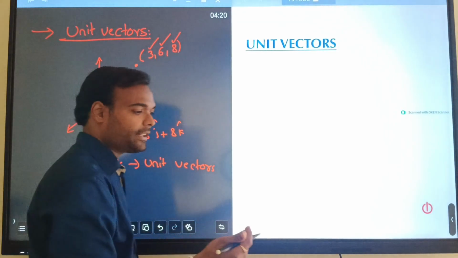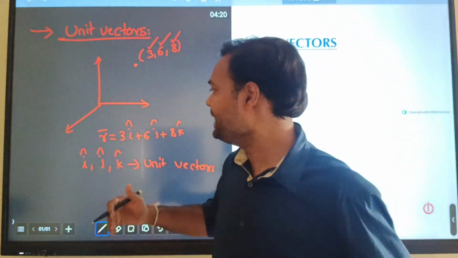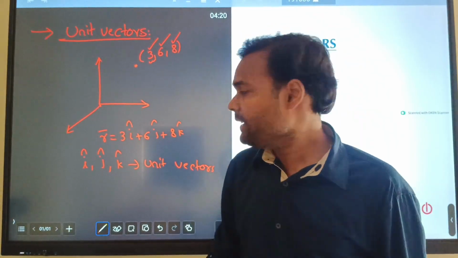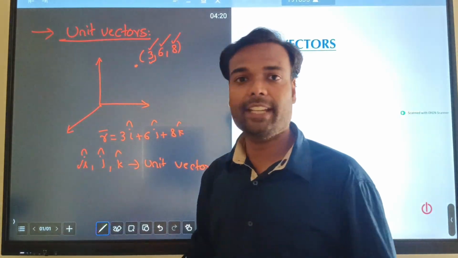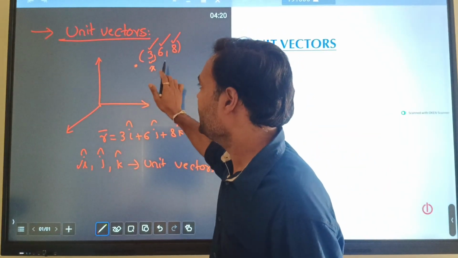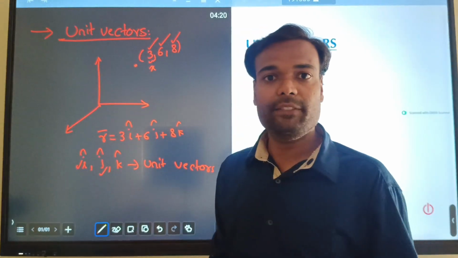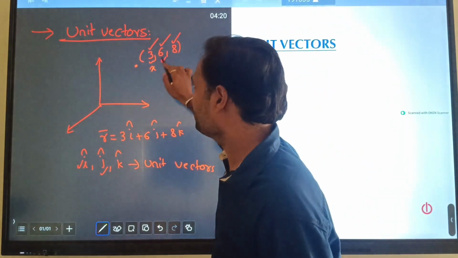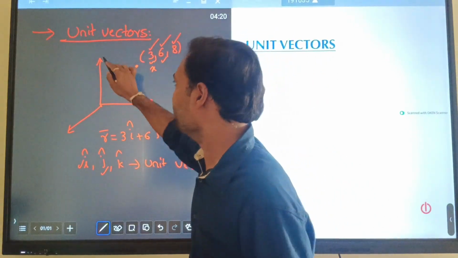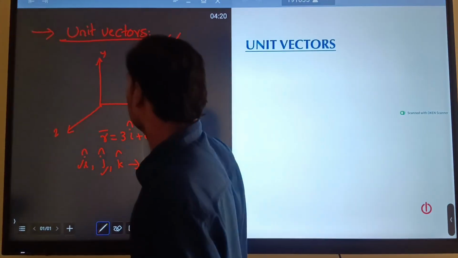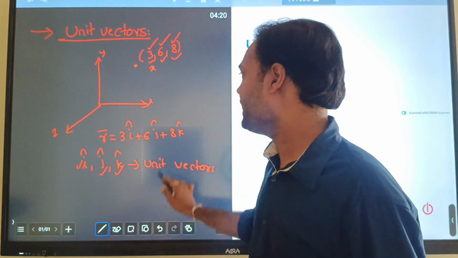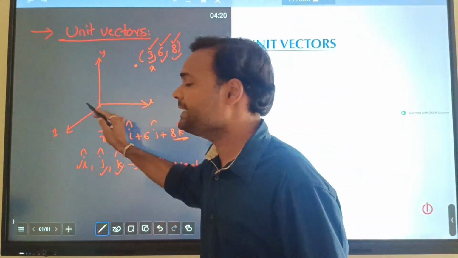These unit vectors help us to tell in which direction this magnitude is representing. If it is i, we can say that it is representing along the x-axis. If it is j, then 6 is representing along the y-axis.